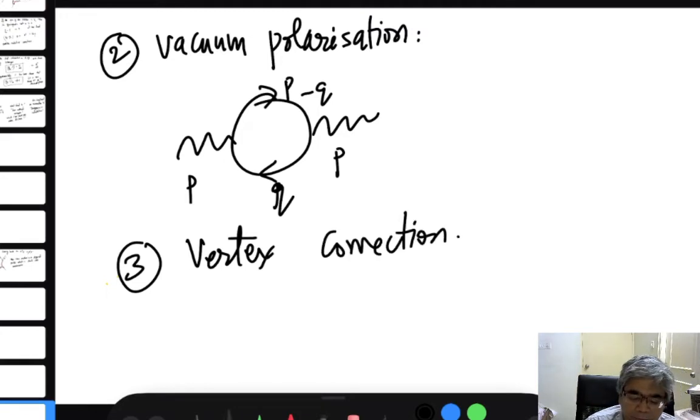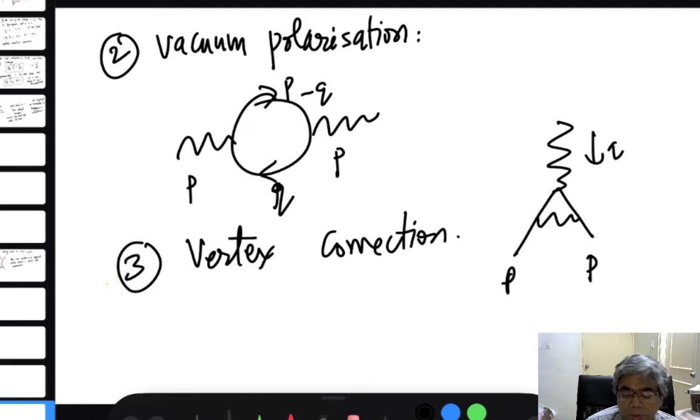So these are diagrams of this type, and there is a correction coming from here.